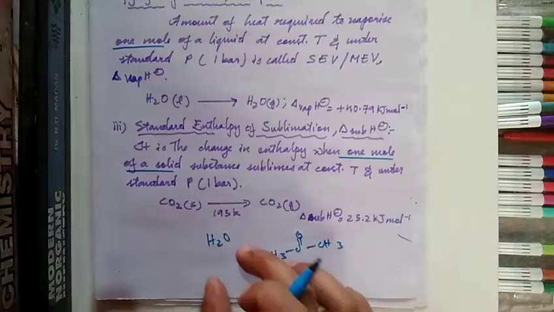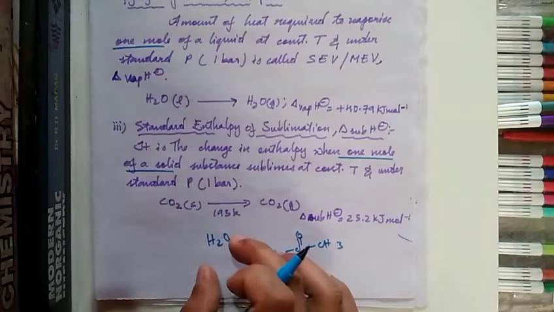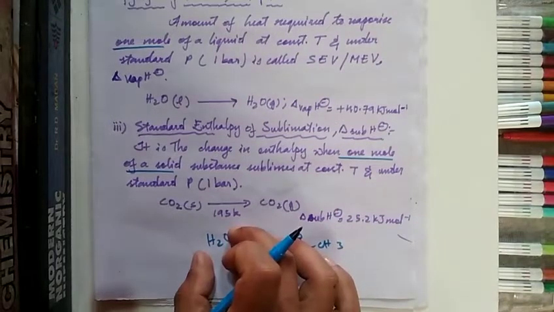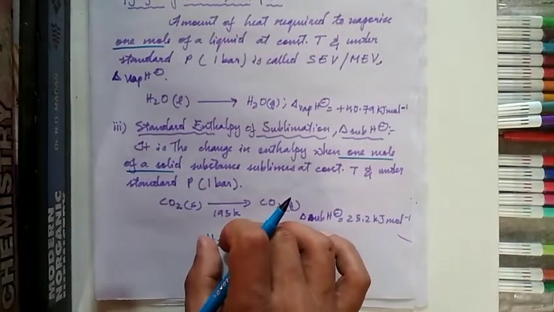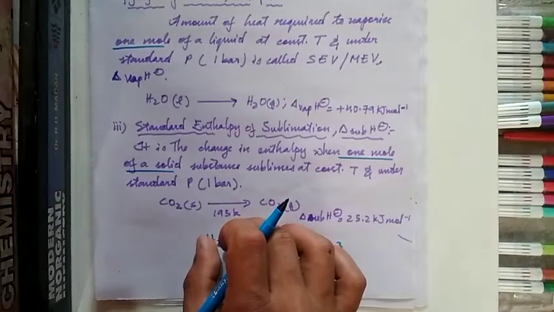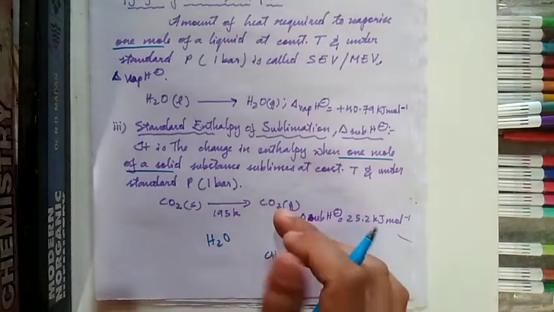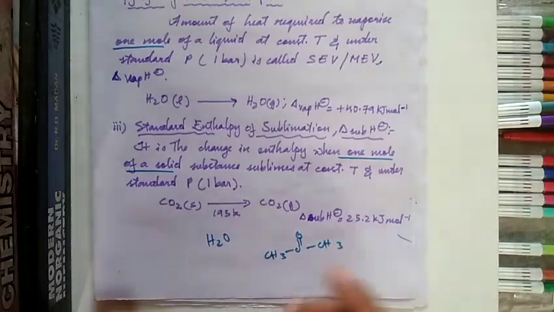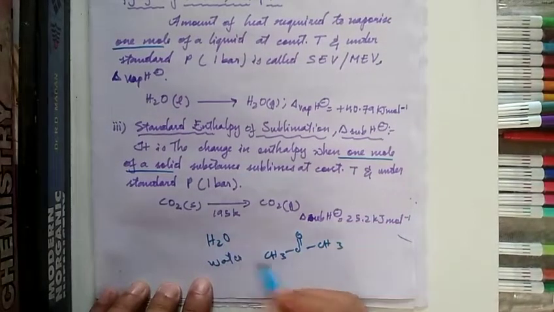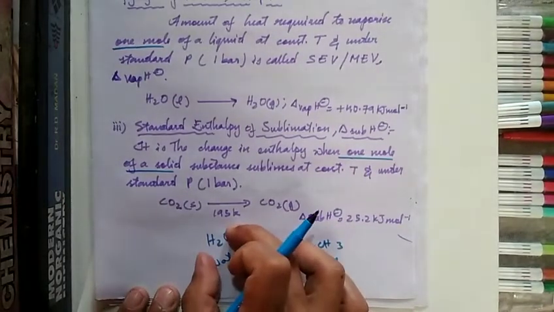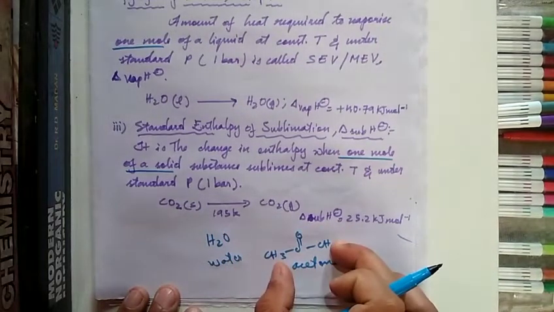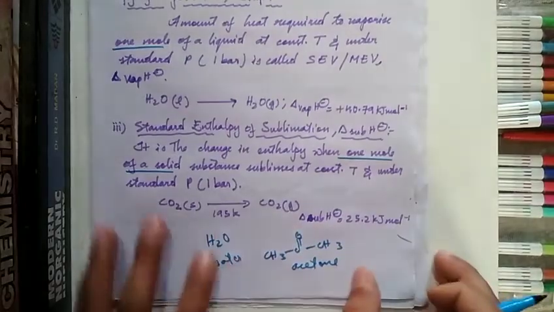Stronger intermolecular interaction means higher enthalpy will be required. Suppose water, this water has stronger intermolecular attraction, so it will require higher heat, enthalpy, compared to acetone. Hydrogen bonding is a strong bond compared to acetone, so this will have higher enthalpy. So it will require higher heat to vaporize water compared to acetone. Higher heat we need to apply to vaporize water, less heat for acetone as compared to water.